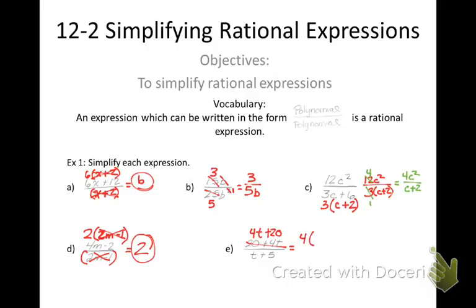Very good. What's left over? T plus 5. And then the bottom, can I take anything out? No. So t plus 5. Do I have something on top and the bottom that is the same? T plus 5 and t plus 5. So my answer is 4.